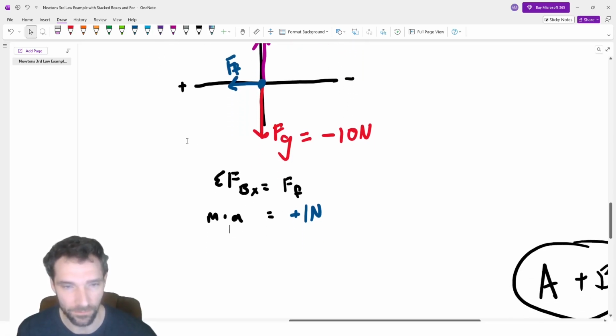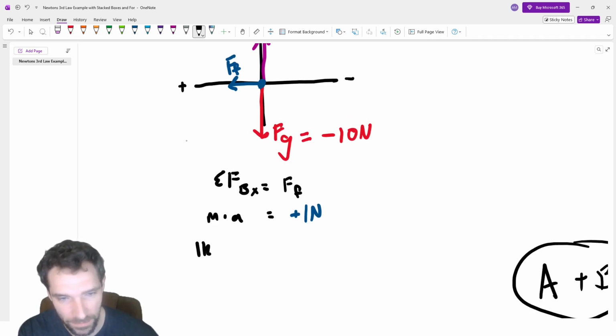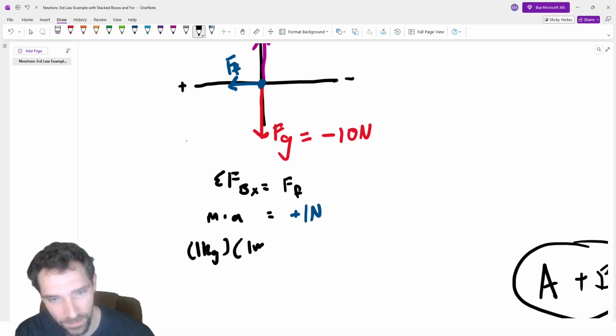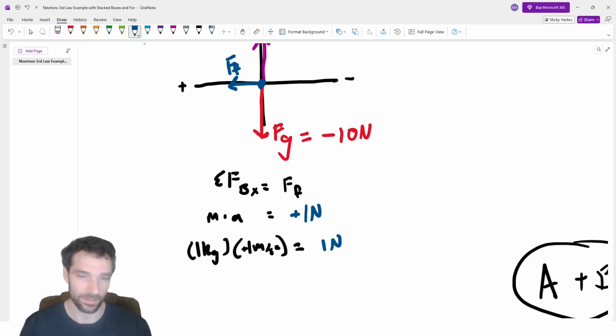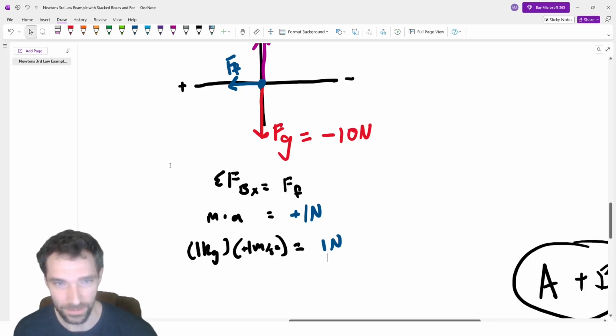So we can confirm, because we have 1 kilogram mass for this object and it is 1 meter per second squared, the acceleration in that direction, it does appear to work out and give us the same 1 newton value.